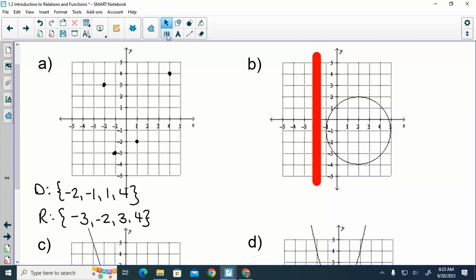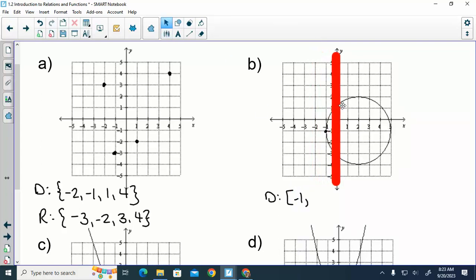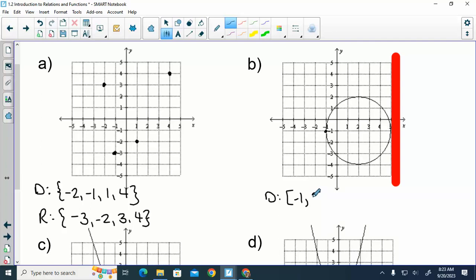At -1. Does it actually touch -1? Yes, so -1 gets a bracket, comma, we need to know when it stops. So as this line travels, where is the last place it hits my circle? +5. And it does hit that, so that also gets a bracket.